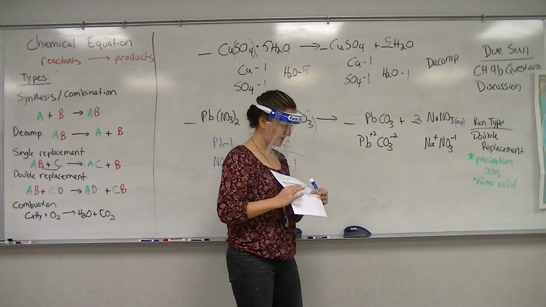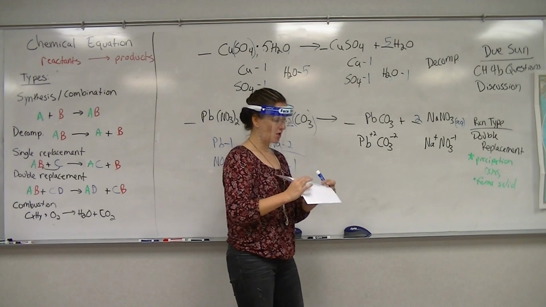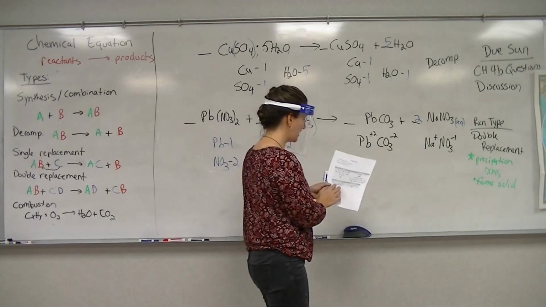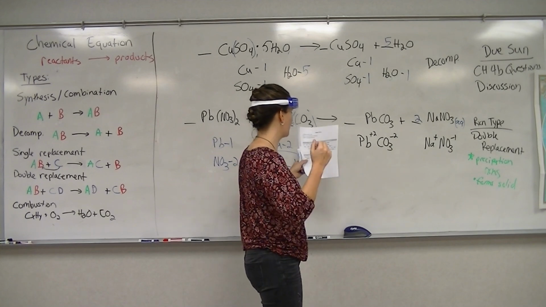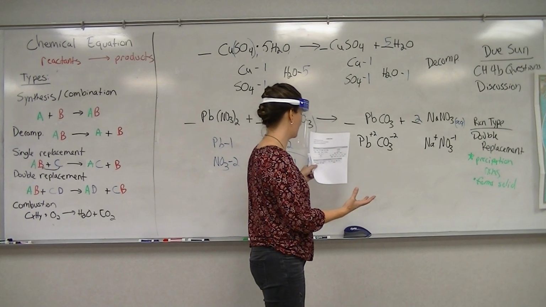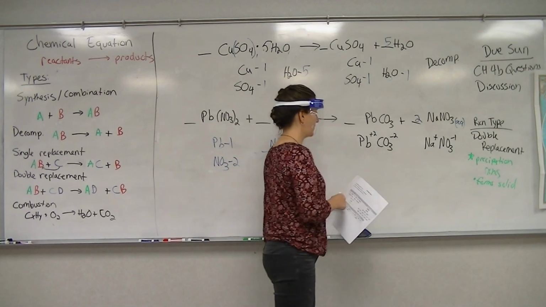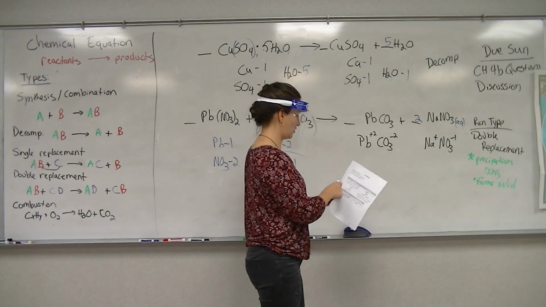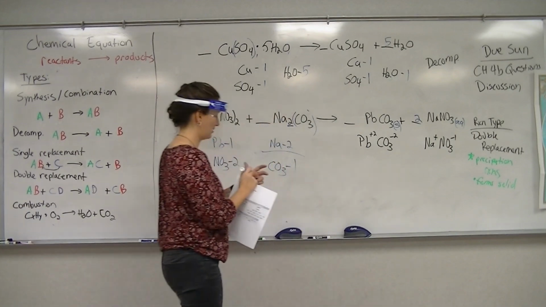Then the exceptions would be they're soluble when they're attached to these guys. So that means CO3 will form a solid unless it's attached to lithium, sodium, potassium, rubidium, cesium, or the ammonium ion. Is it attached to any of those? No. So that means CO3 will form a solid in this case, because it's insoluble unless it's attached to one of those. So this is my solid, S.